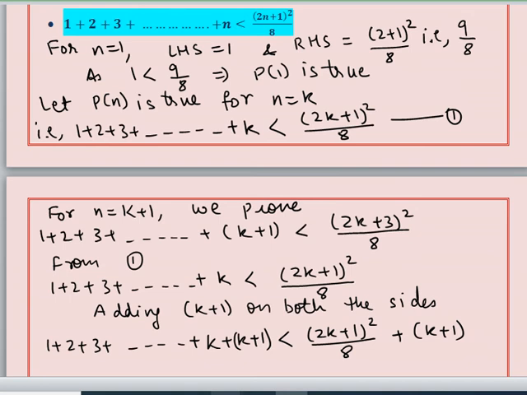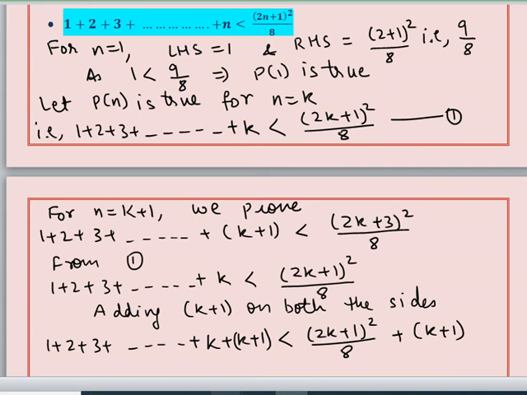Now assuming it is true for another natural number k, that means we are assuming the sum 1, 2, 3 till k will be strictly less than (2k+1)²/8. So this equation we are going to use in order to prove the result for n equal to k + 1. So let us first see what we need to prove.